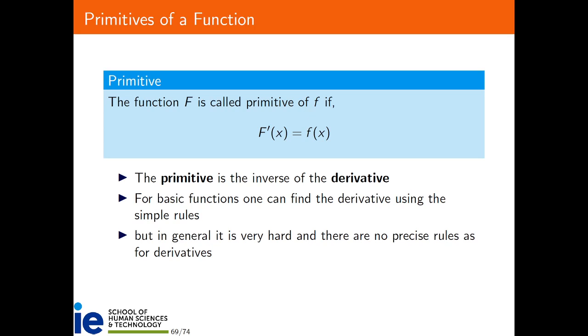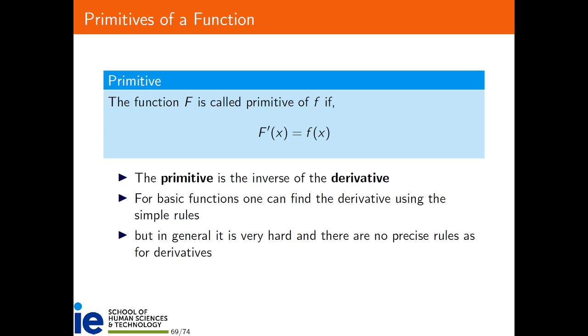So if I compute the derivative of the function big F, and this is equal to small f, then we say that big F is the primitive of small f.